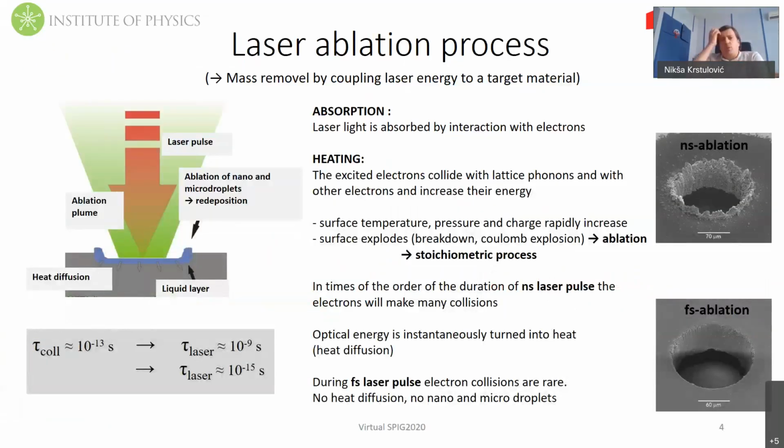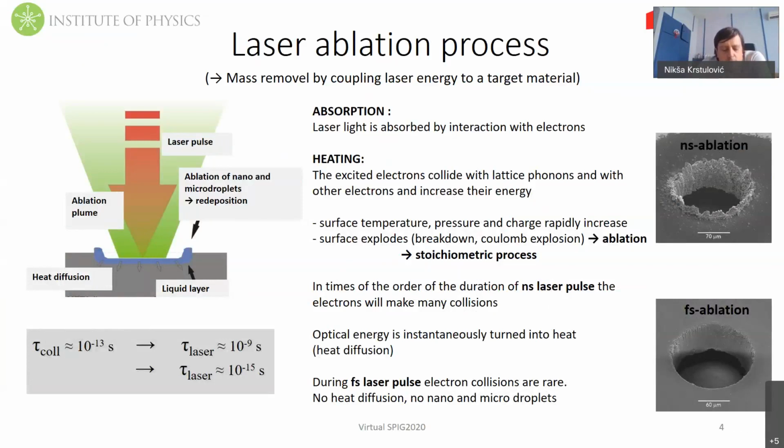Laser plasma is produced via the process of laser ablation, which is by definition mass removal by coupling laser energy to a target material. When absorption takes place, electrons are excited, and then they collide with the lattice and spread energy, which causes an increase of surface temperature and pressure.